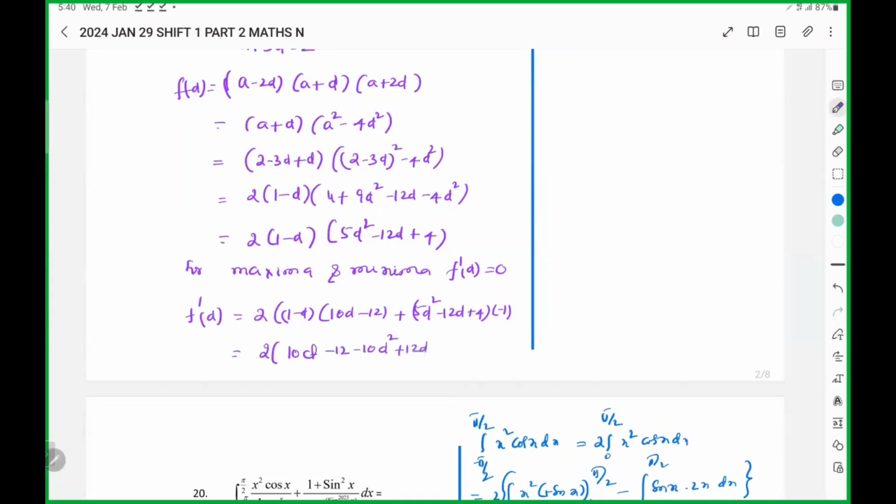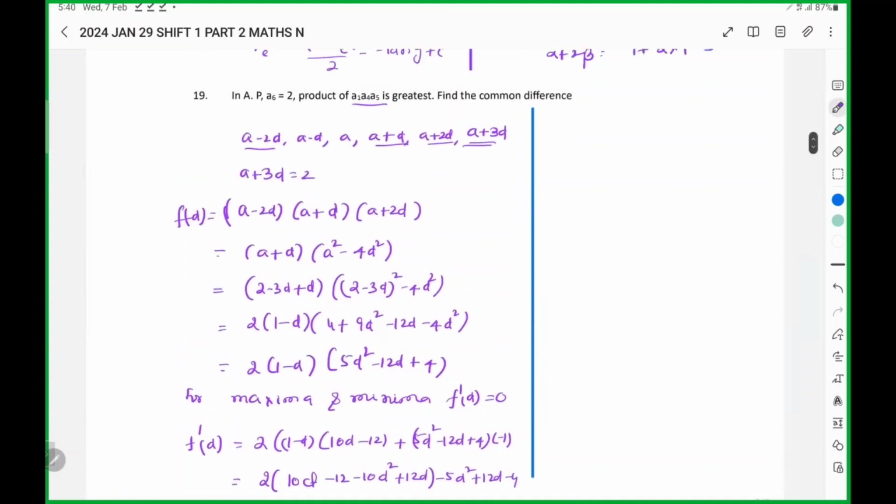Just a simple multiplication, which is 2 times 10d plus 12d, 22d minus 12, minus 5d square minus 12d, minus 25d square, 44 plus 12 minus 24.